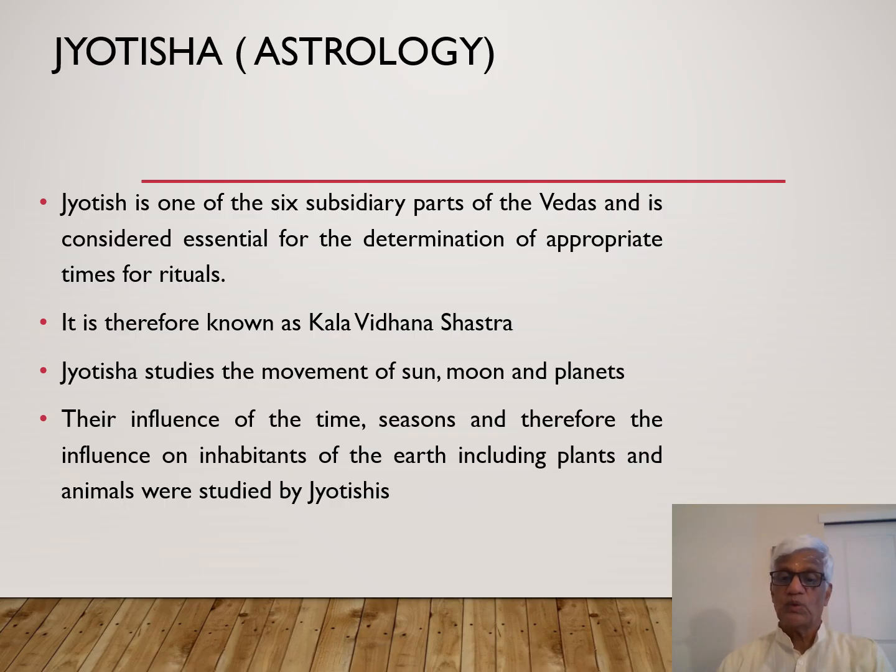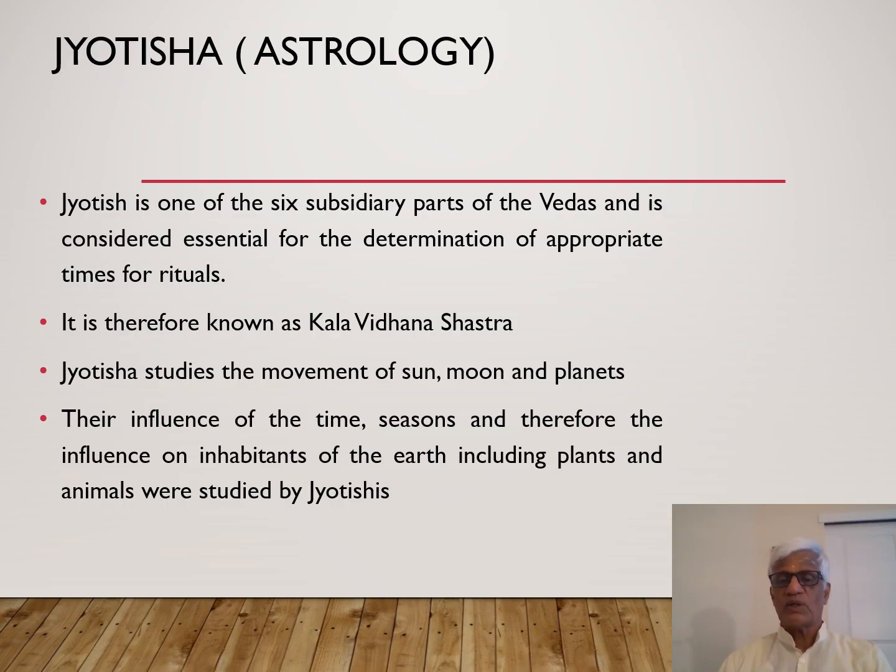Monsoons help us to grow food. Winters grow some type of food. Some other type of crops are grown in summer. So there is a lot of influence on the earth, its activities and the activities of its inhabitants by the movement of the sun and the moon.